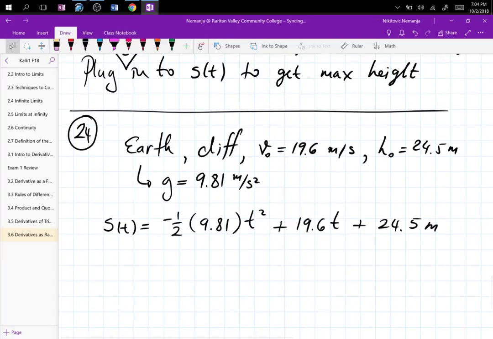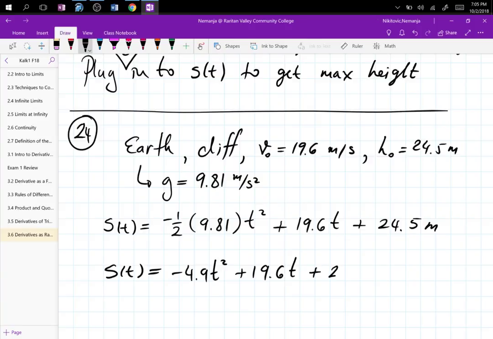So now, we simplify this S of t into an equation, negative 4.9 t squared, that's good enough, plus 19.6 t, plus 24.5, and the entire equation is actually in meters. So I'll put meters in brackets so we know what the units are.